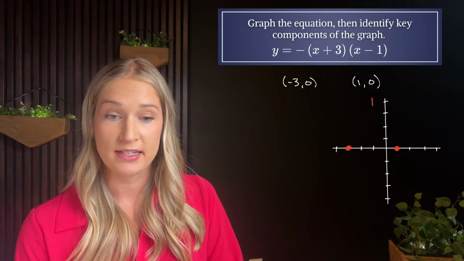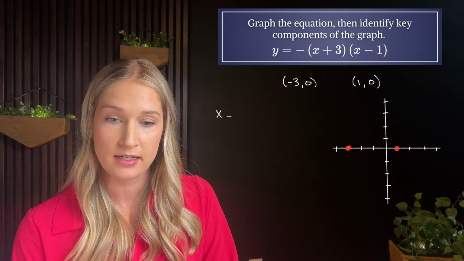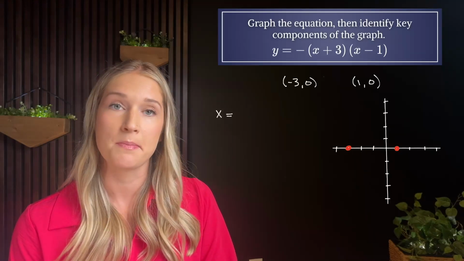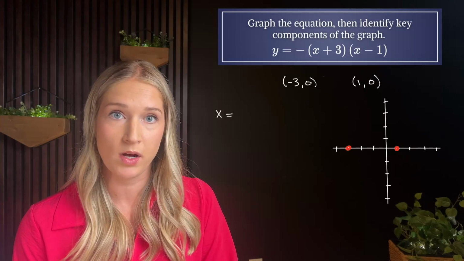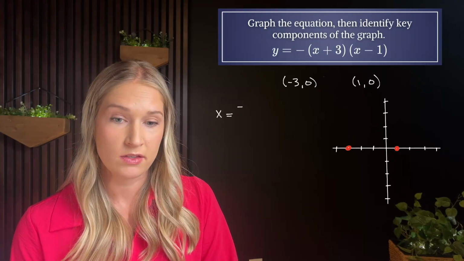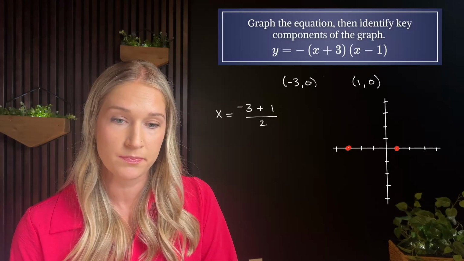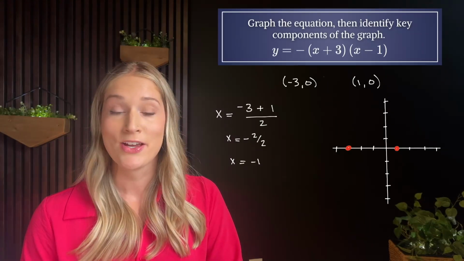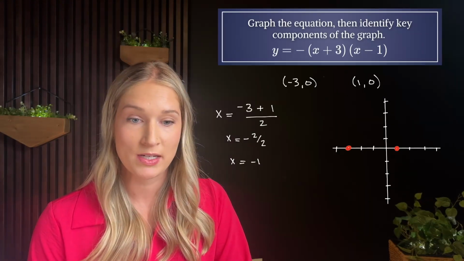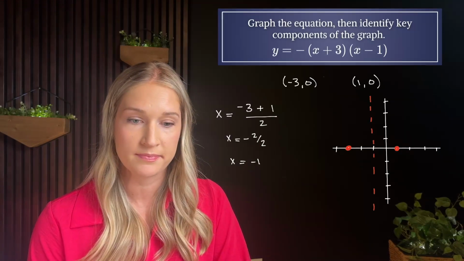If you wanted to find it more algebraically, I'm going to find the x value of my vertex by noting that it is in the middle of my graph. So it has to be in the middle of negative 3 and 1. So to find the middle, I take those two values, negative 3 and 1, I add them, and I divide by 2. So I get negative 2 over 2, which is an x value of negative 1. So sure enough, my axis of symmetry is a vertical line through x is negative 1.